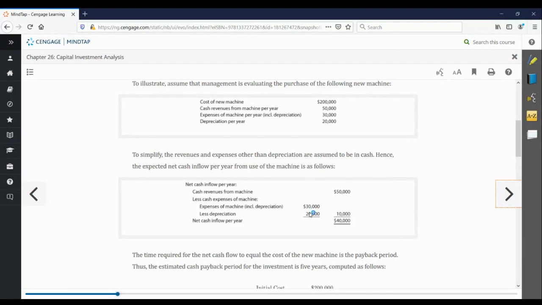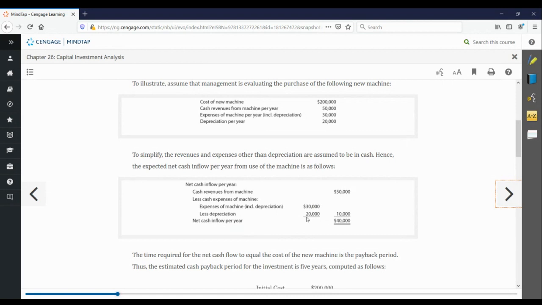Now notice that in order to find the cash inflow per year, they determine what the depreciation is on that machinery during that year. They're estimating what they think it's going to be, and they are taking it out of the total expenses for this machinery because depreciation does not require a cash outflow.